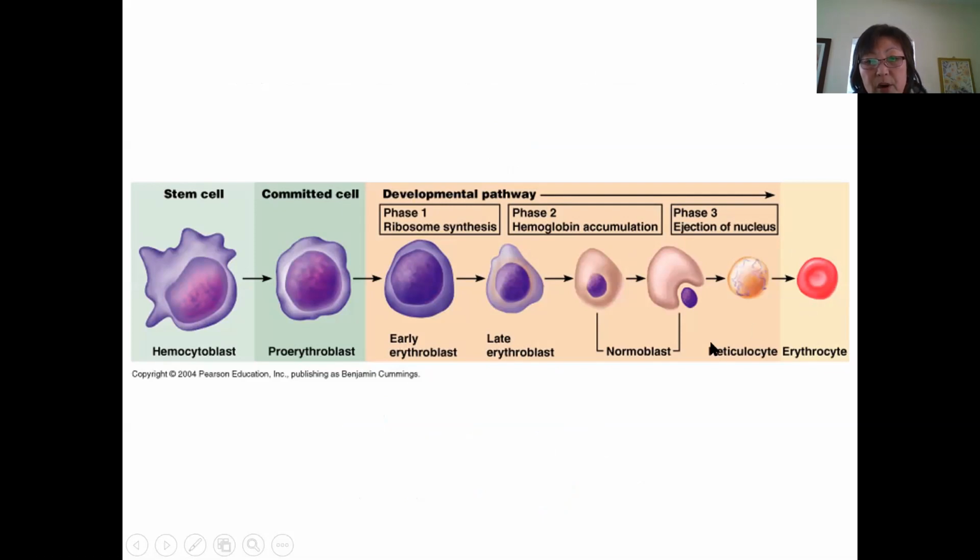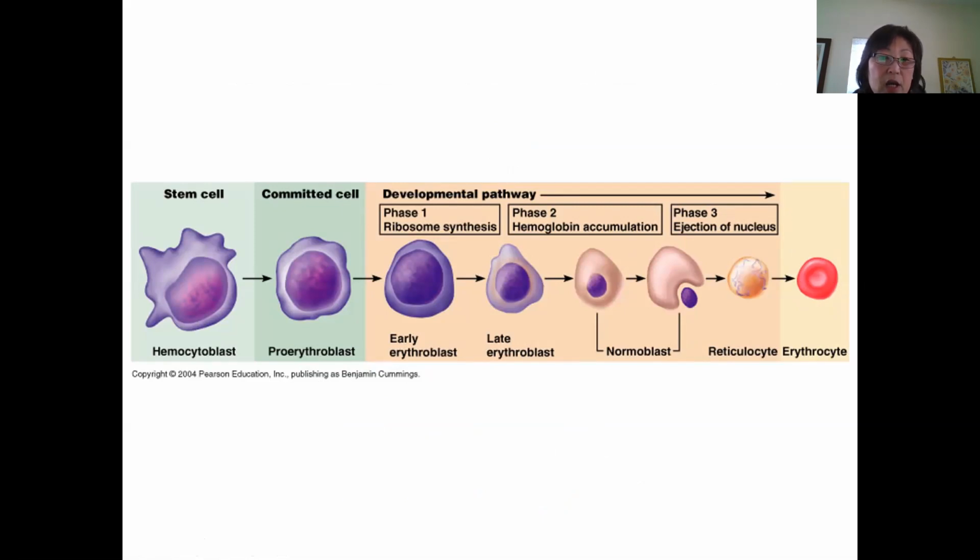The important part is here in this way of developing: at some point, the nucleus of the RBC will eject out. Okay, so the mature RBC does not have a nucleus.